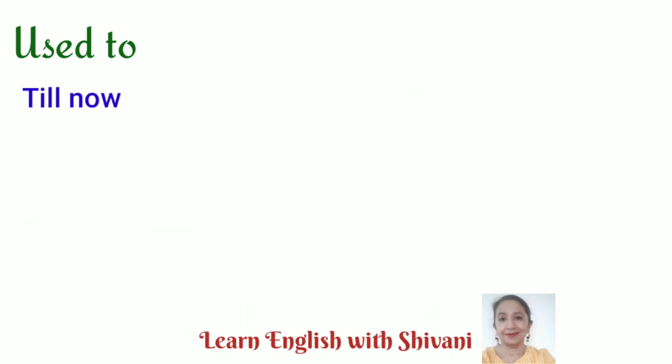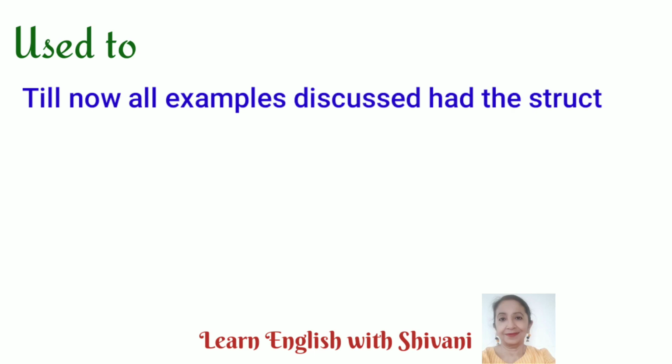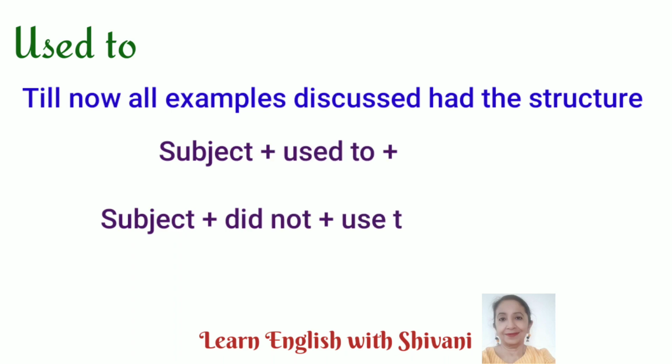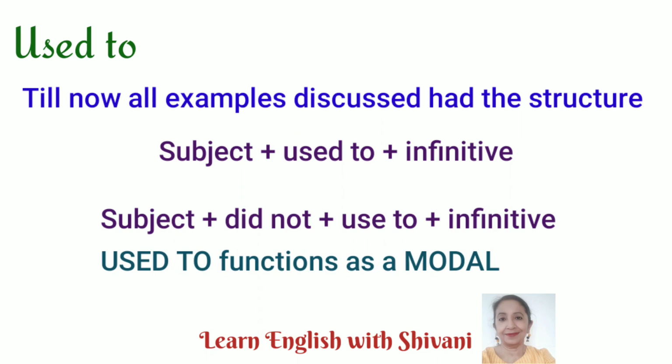Till now, all the examples that we discussed had the structure subject plus used to or didn't use to plus infinitive. And you must have noticed that used to functioned as a modal verb.